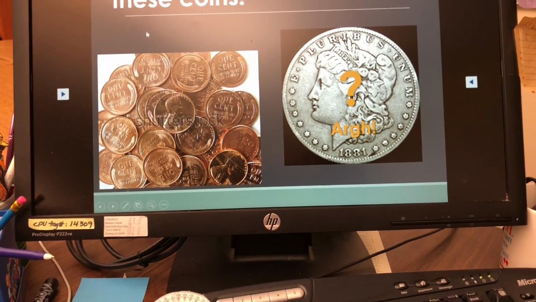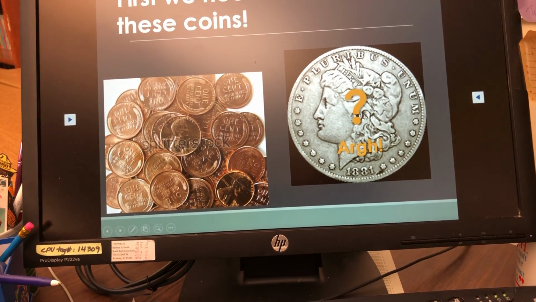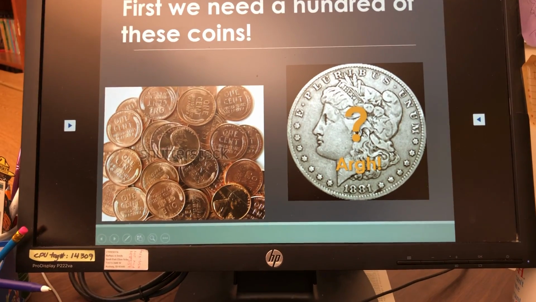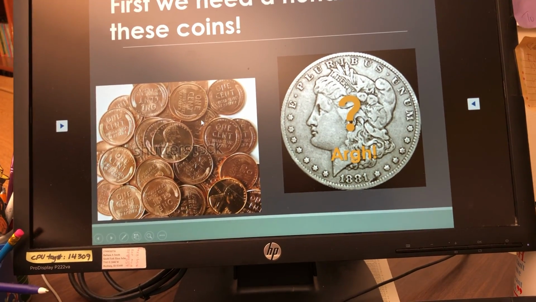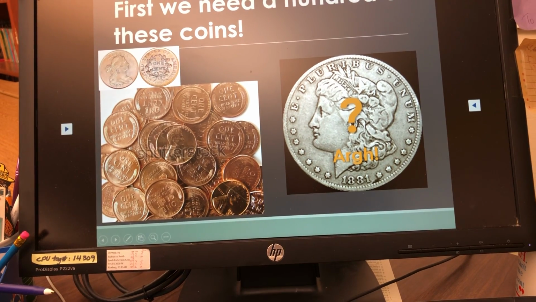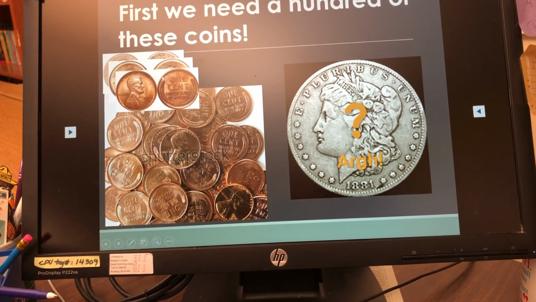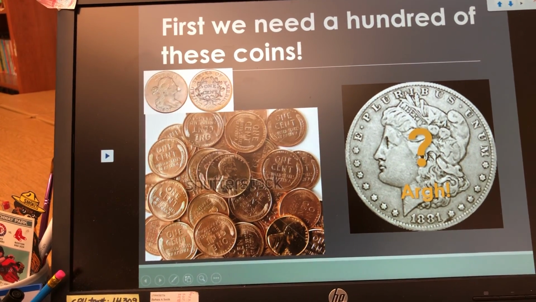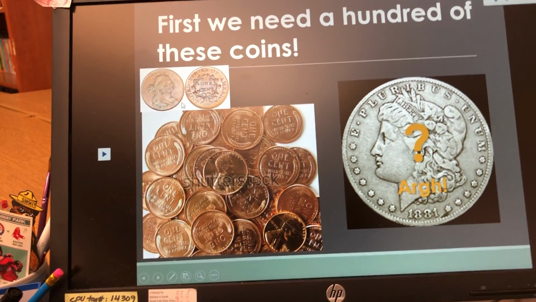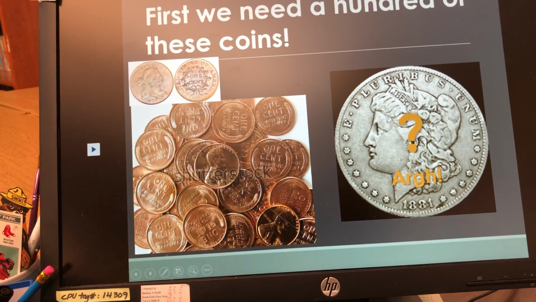First, we need 100 of these coins. The first time I made this, I actually tried to put in all of the lines, and it's like, ain't nobody got time for that. And then I counted up all of these, and it's like, I don't know. Oh, let's go back. So here's 1803, 1 cent. Notice it says 1/100th of a dollar right there.